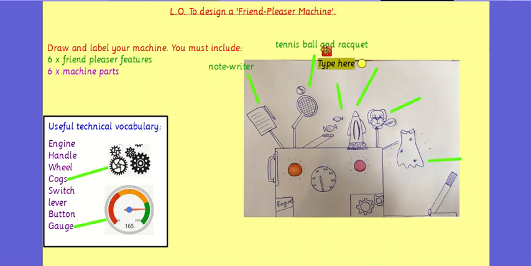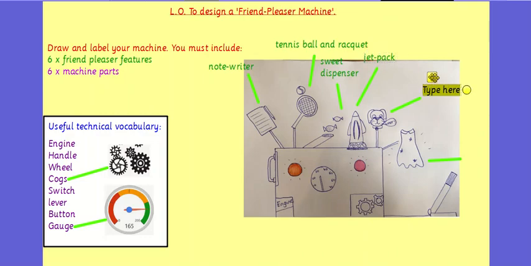Instead of an apple dispenser, my friend pleaser machine is going to have a sweet dispenser because my friend prefers sweets to apples. I'm also going to have a special jetpack so that we can go on flying adventures together.